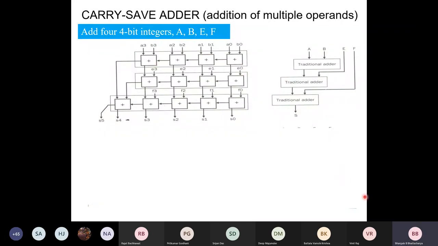So let us try to implement the idea of carry save addition in hardware. I'm going to change my signal lines. In carry save addition, I'm not going to have these horizontal signal lines, because the carry is not being propagated to the next stage. It is being saved for subsequent use.